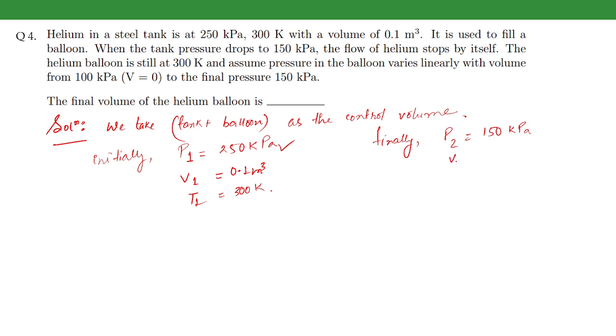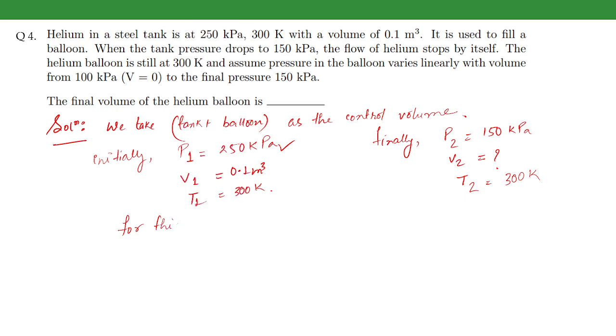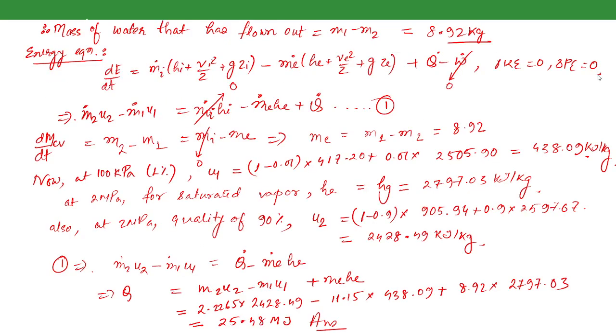The final volume, we don't know what is the final volume of the system, and the final temperature is also 300 Kelvin. So it is basically a constant temperature process. So for this process, for this system, let me rather write it as the system.